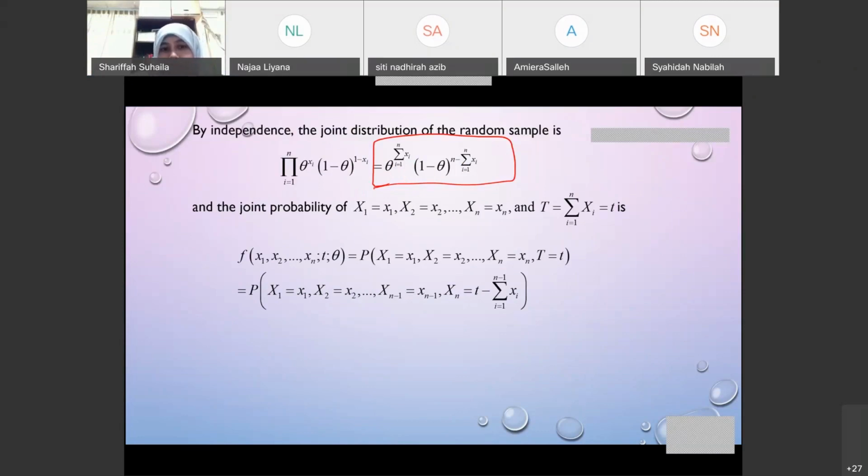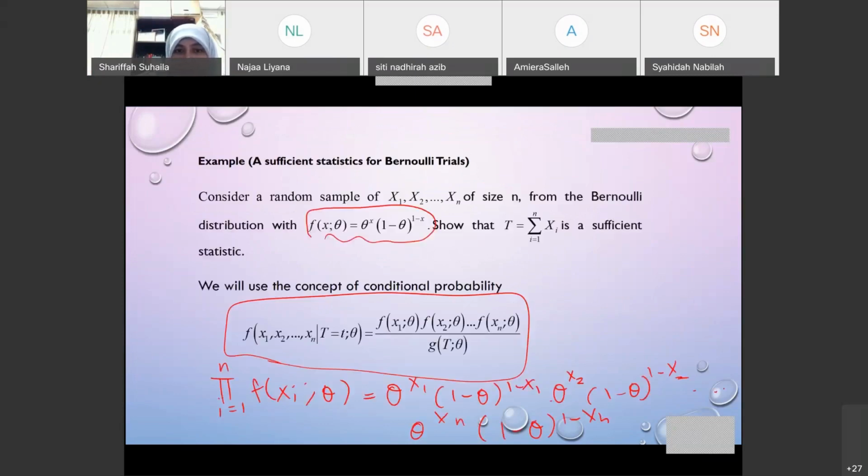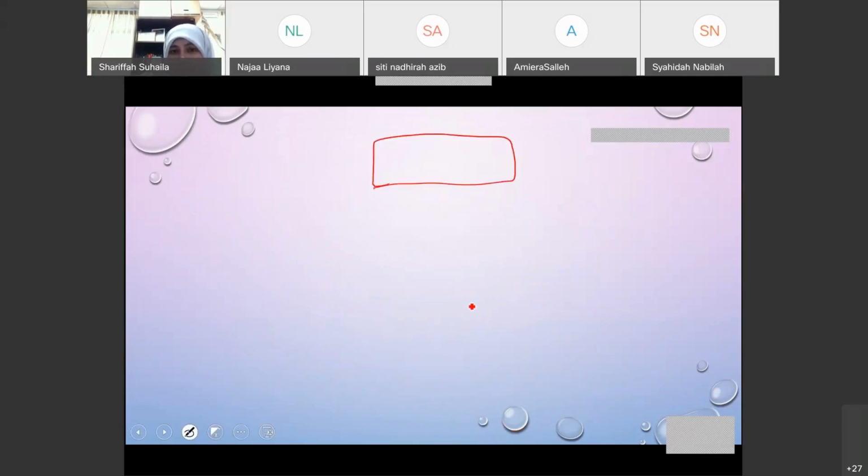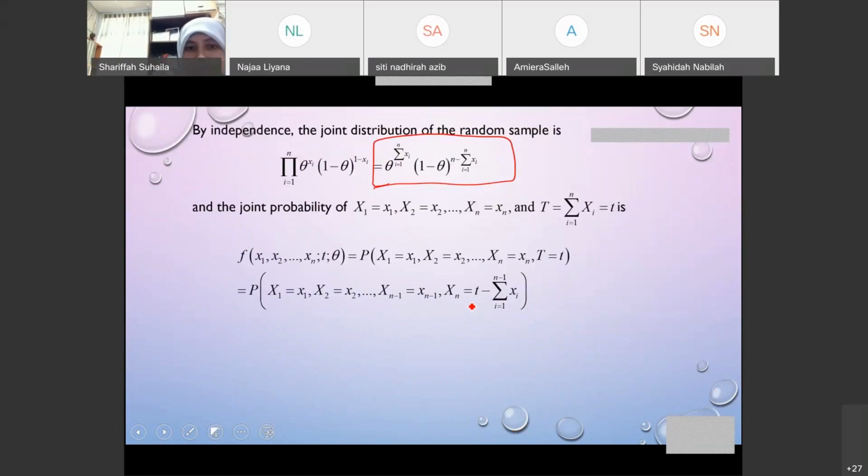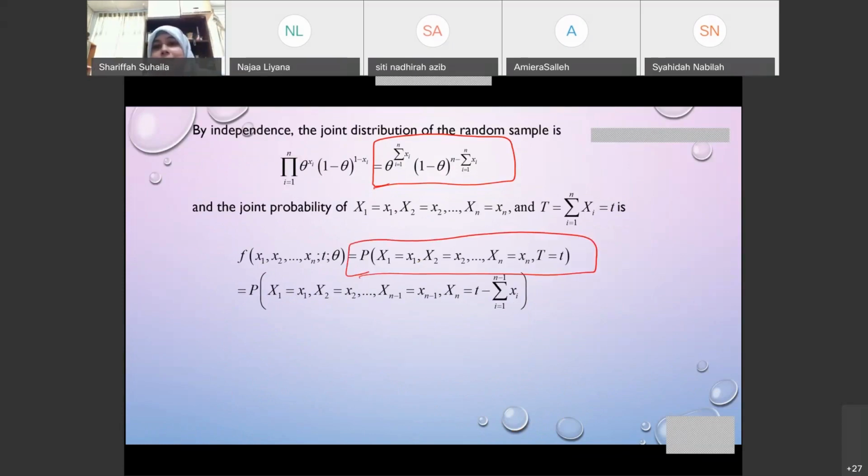Okay. So now kita dah ada, kita nak construct dia punya conditional probability distribution. Okay. Kalau kita ada this one, you have f(x1, x2, ..., xn given T equals to t), so you have this formula. Yeah? So it's the same thing. If you have f(x1, x2, ..., xn, t; theta), maksudnya inilah, yang bahagian atas tu. You will have probability X1 equals x1, X2 equals x2, ..., Xn equals xn, and T equals t.